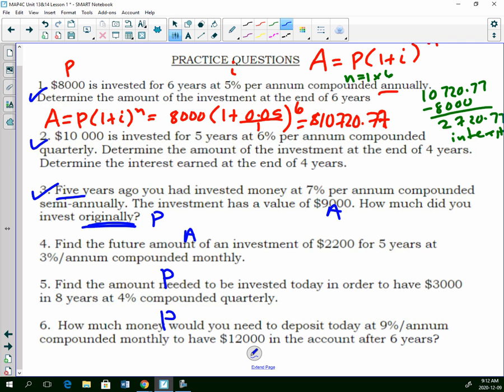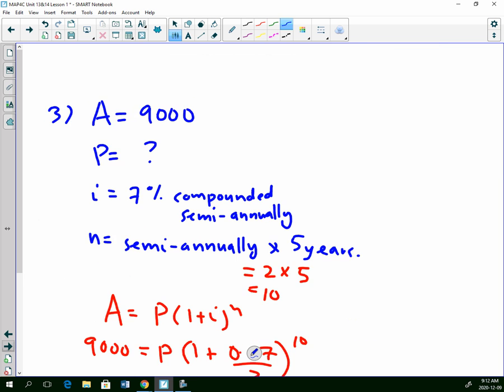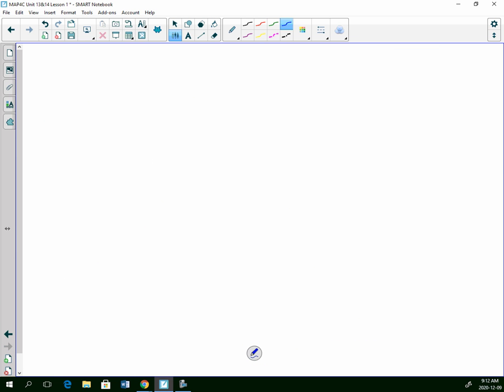Okay? One thing I also wanted to show you, because we're going to use this more specifically with the annuities, which we're going to do on Friday, but I want to show you now because you're here. Okay, the TVM solver.